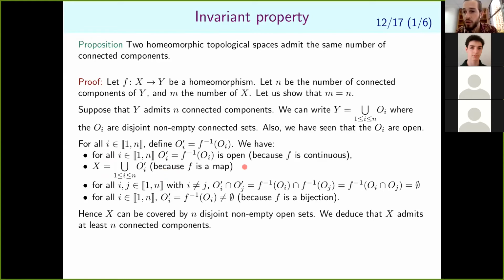This is a very trivial statement: if you take the preimage of the image, you obtain the domain of the map. Moreover, these preimages are disjoint. You can write this set theoretic statement. And also, every preimage is non-empty. It is non-empty because F is a homeomorphism, hence it is a bijection, hence any point in the codomain has a preimage.